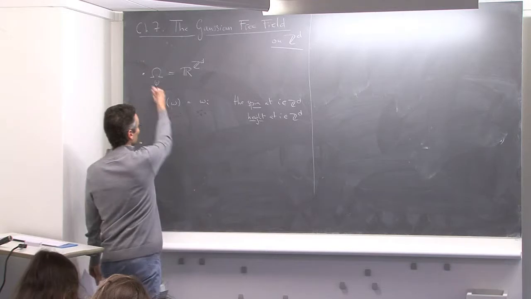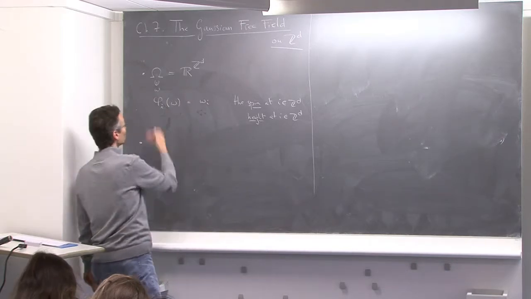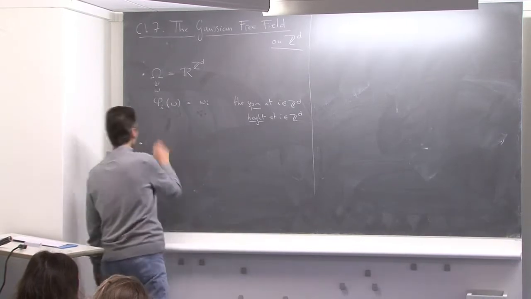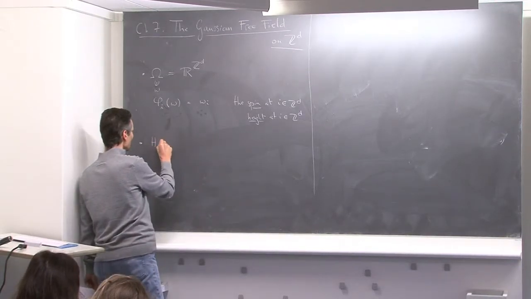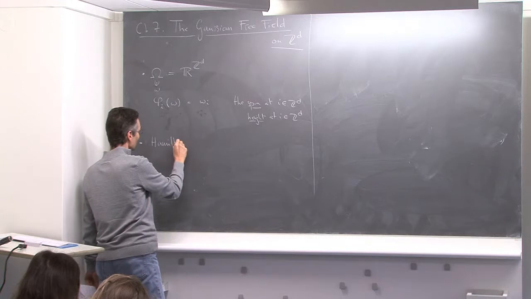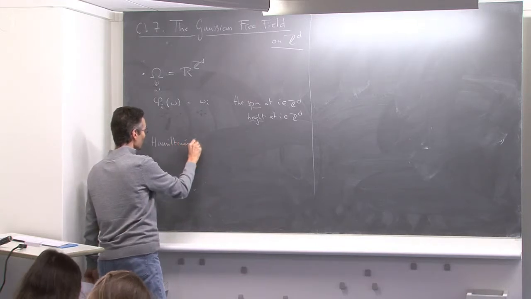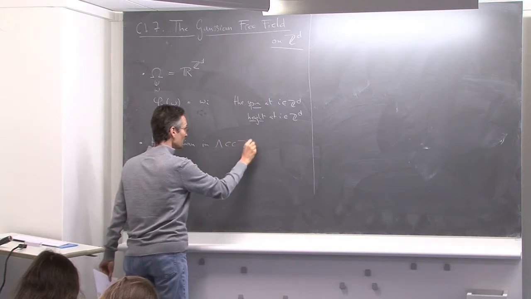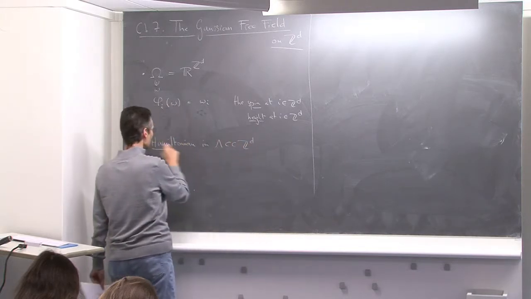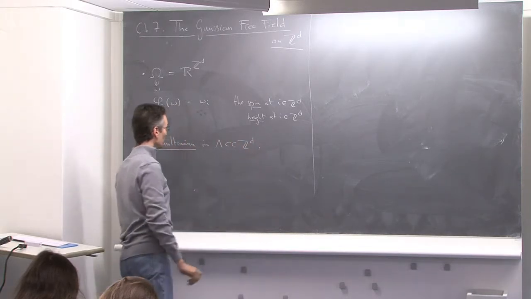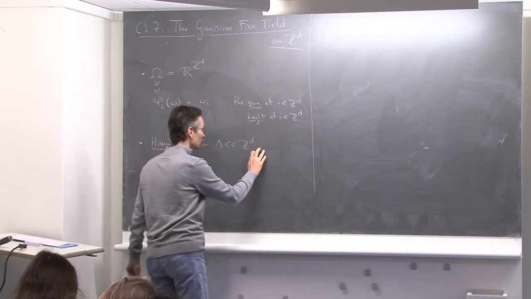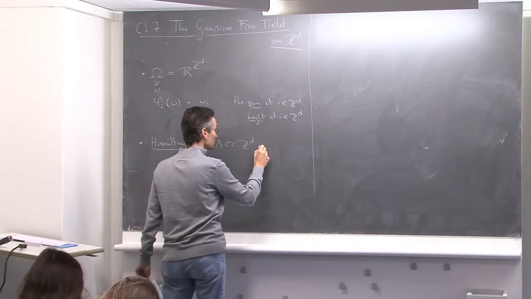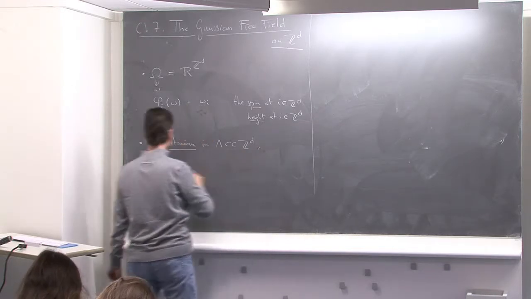So that's the set of configurations. Now I need to define the energy of a configuration so that I can construct the Gibbs measure. So let me define the Hamiltonian of the GFF, the Hamiltonian in a finite box Lambda in Z^d. It will be a function defined on Omega, which depends on two parameters.